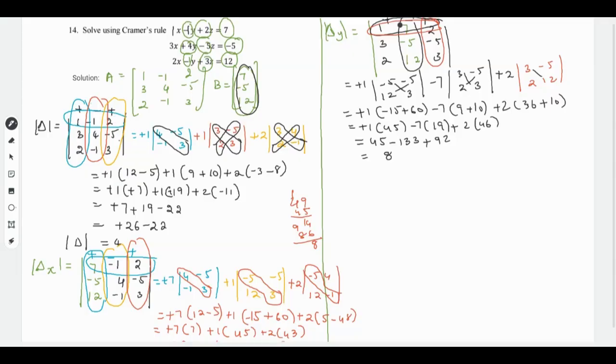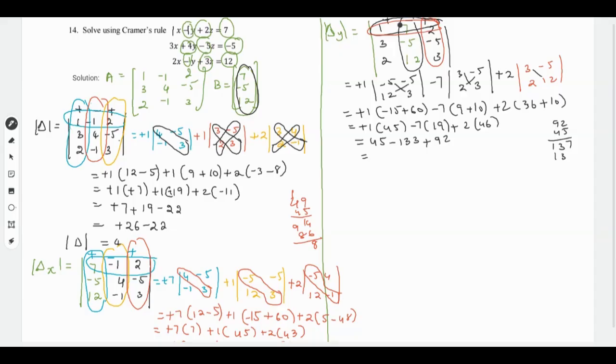That is 92 plus 45 is 137, 137 minus 133. It will be 4. It is 4.